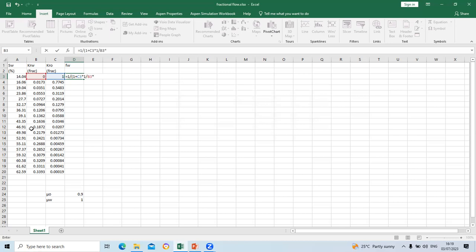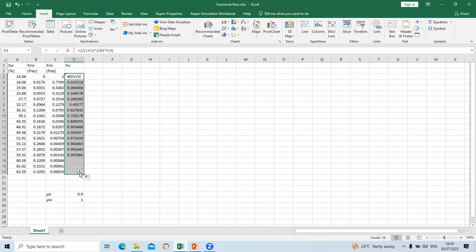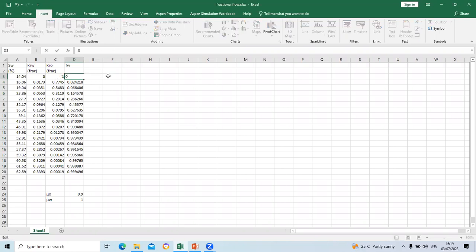This value is 0.9. So we have 0.9. Then we close it. Yes. All right. I hope it calculates this time around. All right. So we have our fractional flow. We'll just put our 0 there. So that's our fractional flow.